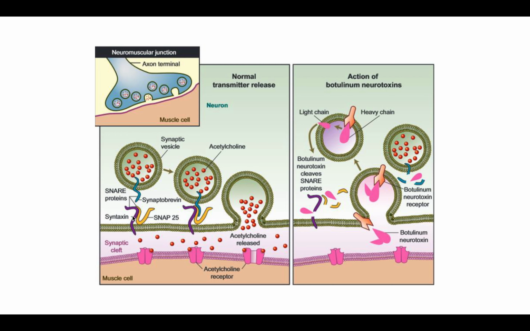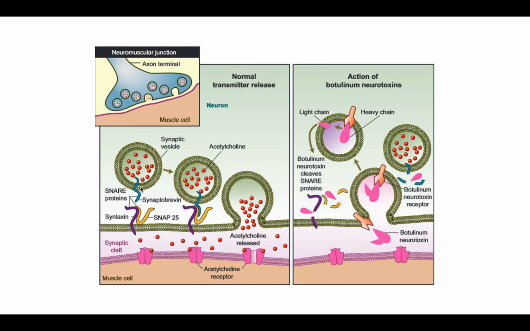The SNARE protein, also known as the SNARE complex, has three separate but distinct proteins onto it, and they bind to form the SNARE complex. One can see in purple syntaxin, in yellow SNAP25, and in blue the synaptobrevin.